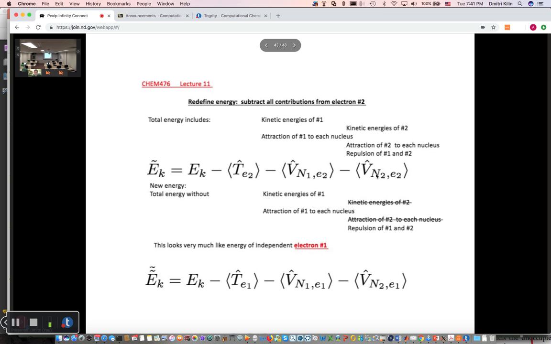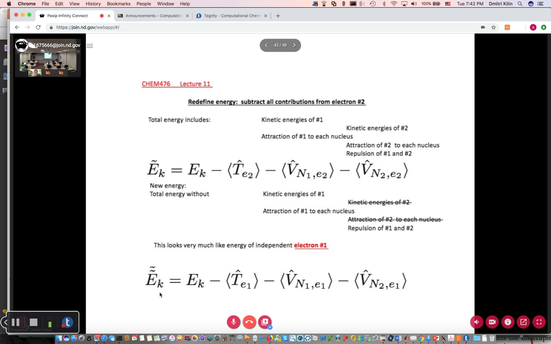Now we come to the question of Kevin. I apologize for being lazy, but suppose that I write absolutely the same equations, swapping the first and second electron, deriving equations for the second electron wave function.